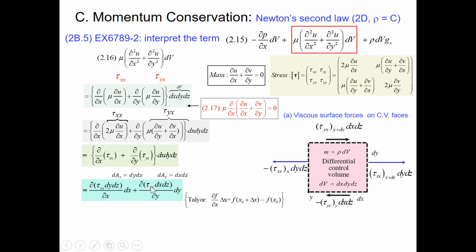Next, we will bring in the surface area dAx into this derivative, and surface area dAy into this derivative. And as you can see, tau xx times dy dz is the normal viscous force, tau yx times dx dz is the shear viscous force.